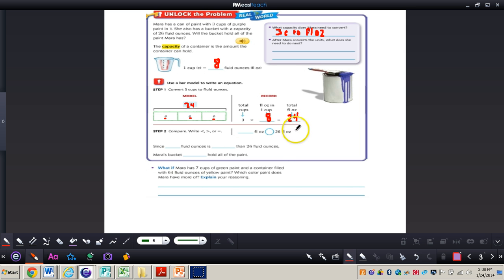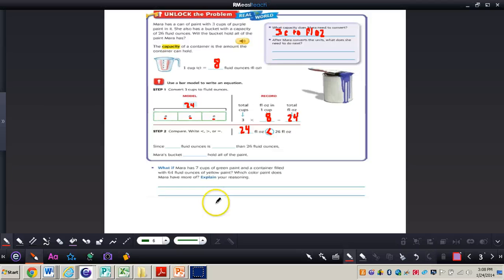Now from here, we can see that 24 fluid ounces is actually less than 26 fluid ounces. So we've done our first step. Now it's time to complete the second step and figure out the answer.